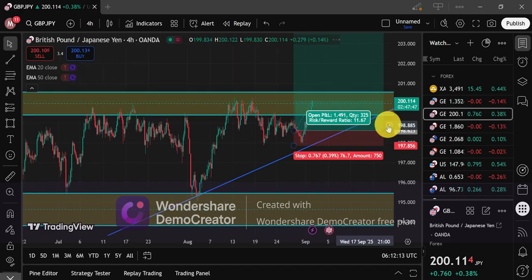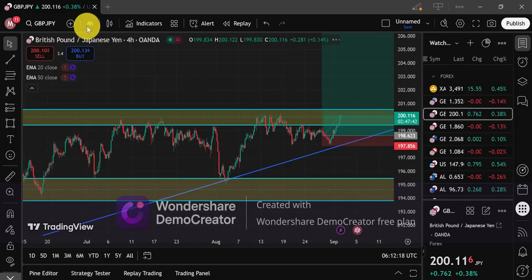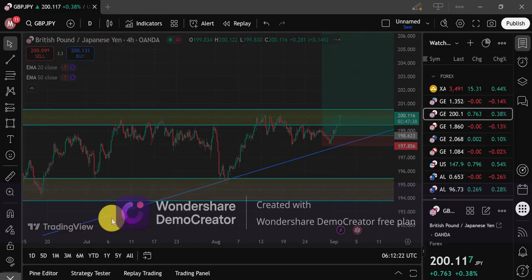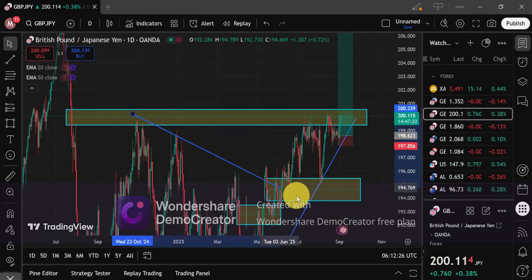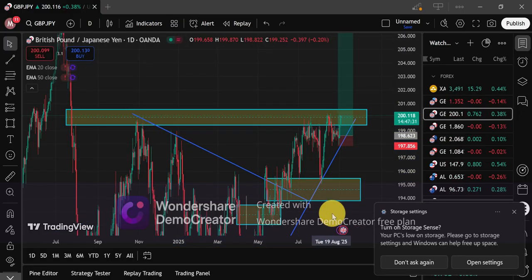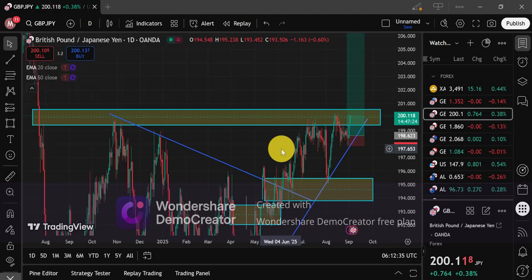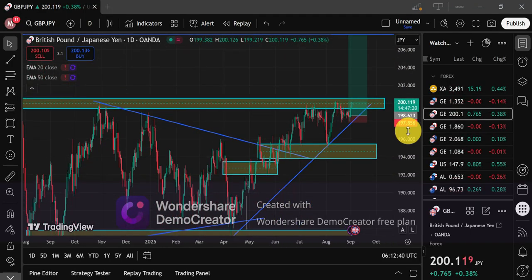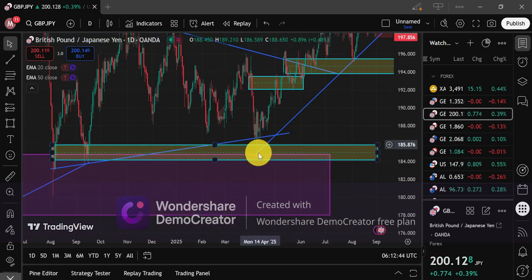So looking at my trade on GU, I always want to start my analysis from the higher time frame, daily. And what can I see on the daily time frame? We have a retest of demand here.